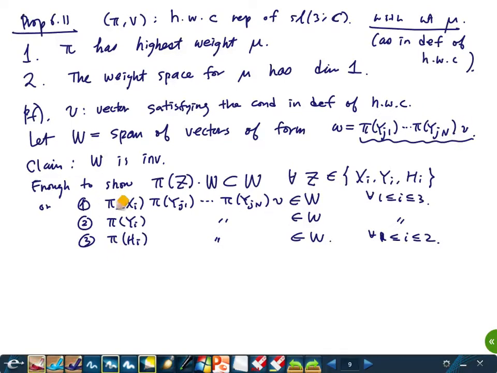Okay, which one is easiest among 1 to 3? Which one is easiest, do you think? 2? 3? Everything is difficult? One of these is trivial. Which one is that? One? 2?